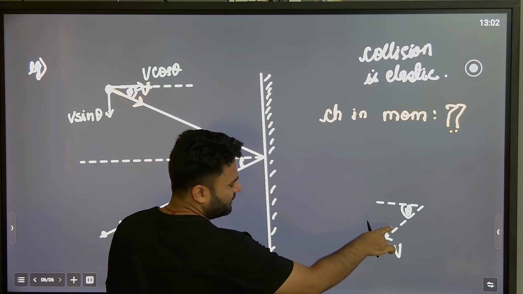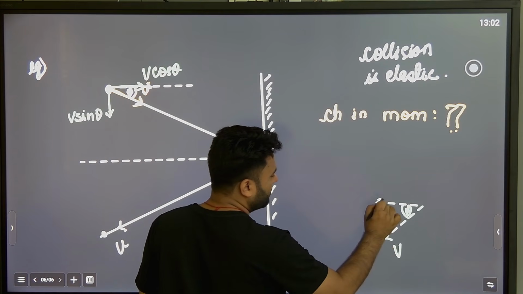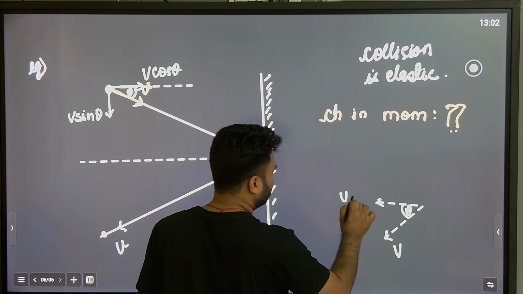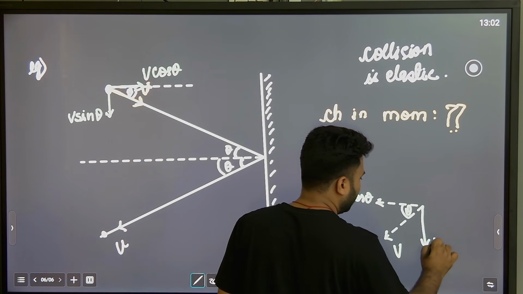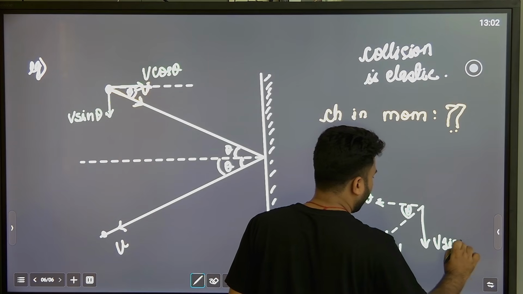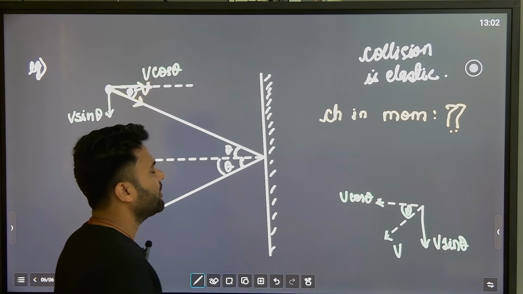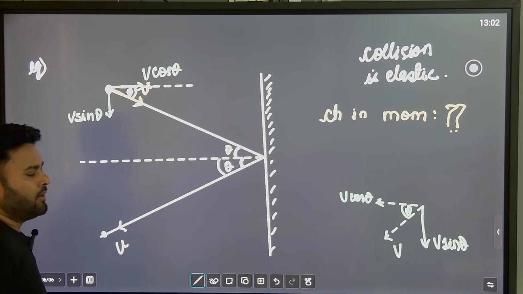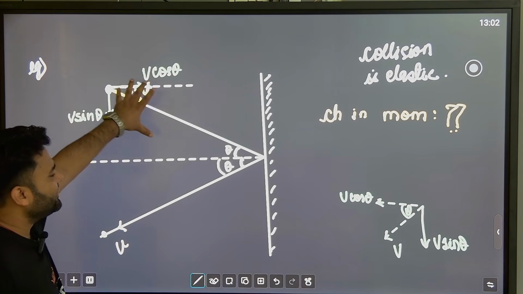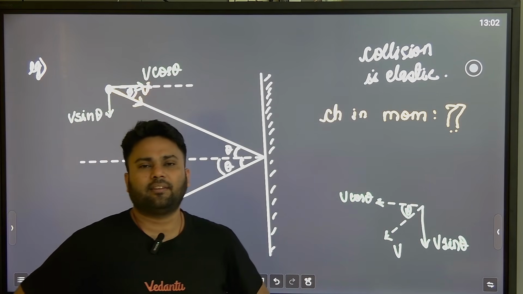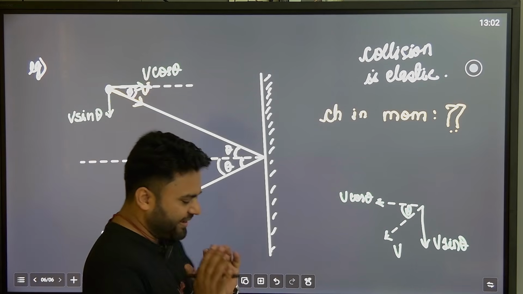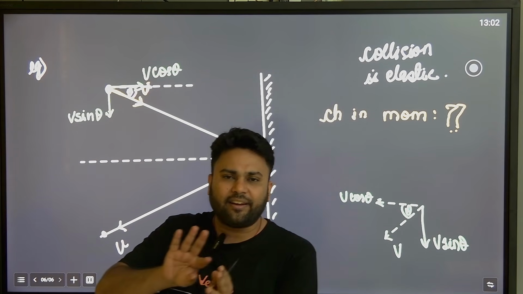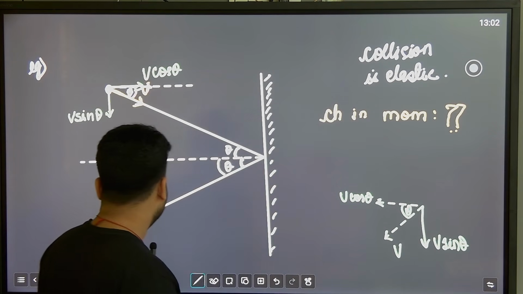So if I write its two components, this will be v cos theta and this will be v sin theta. Correct? So this is the initial scene, this is the final scene. Now we are going to solve the change in momentum in the x direction separately and in the y direction separately.